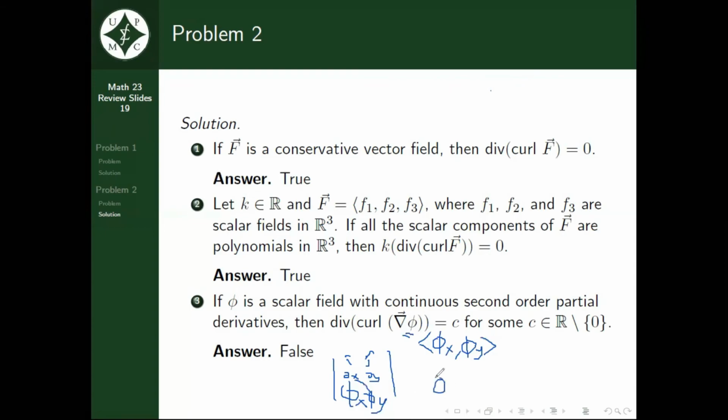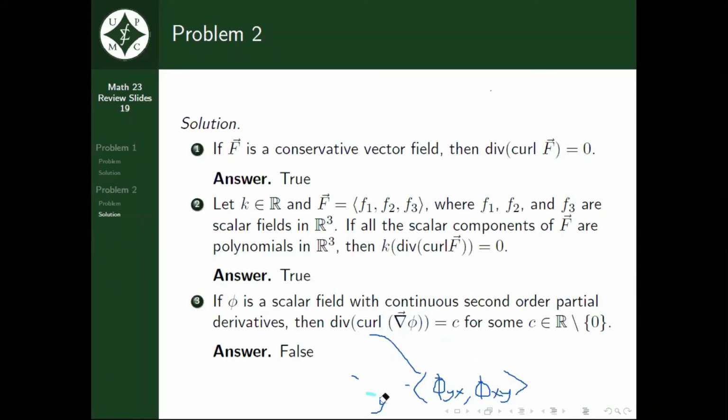So this is phi yx, and then this is phi xy. This is the curl.